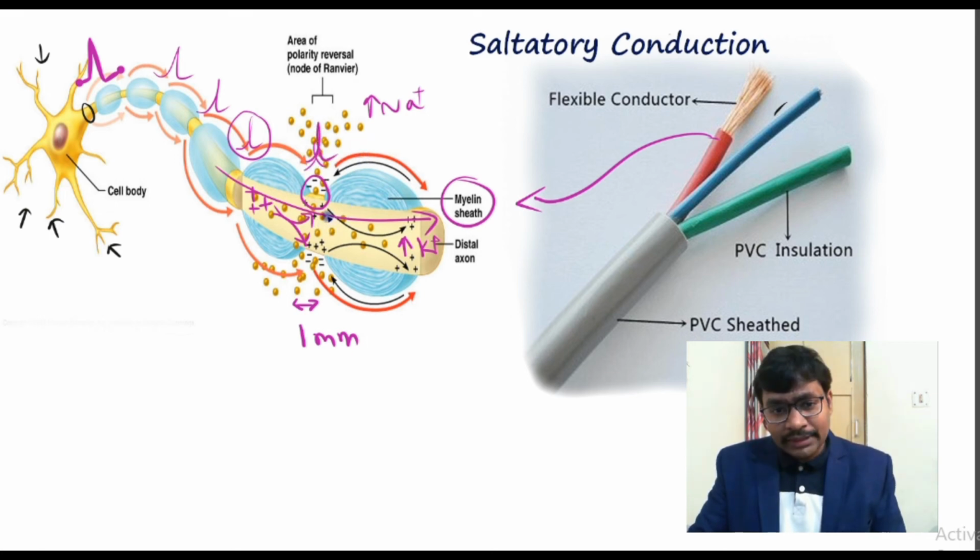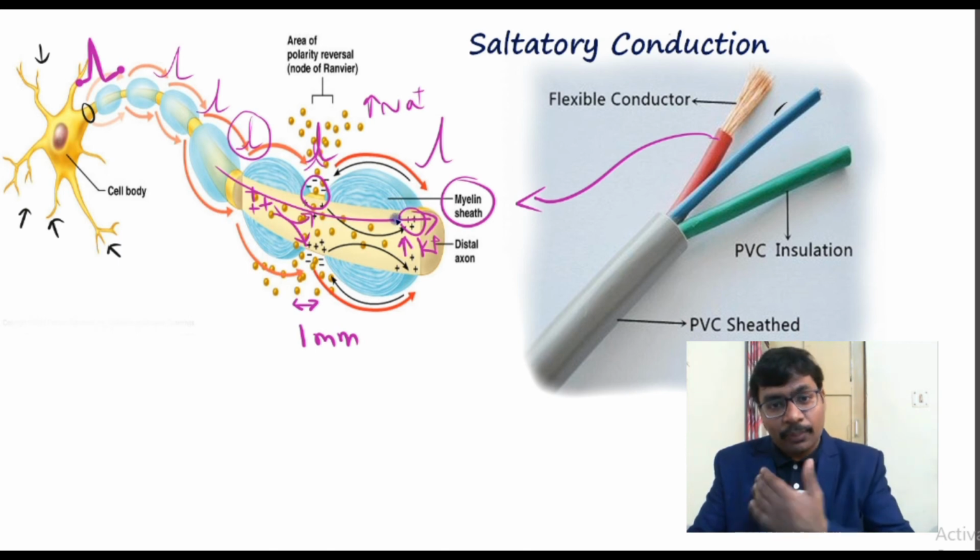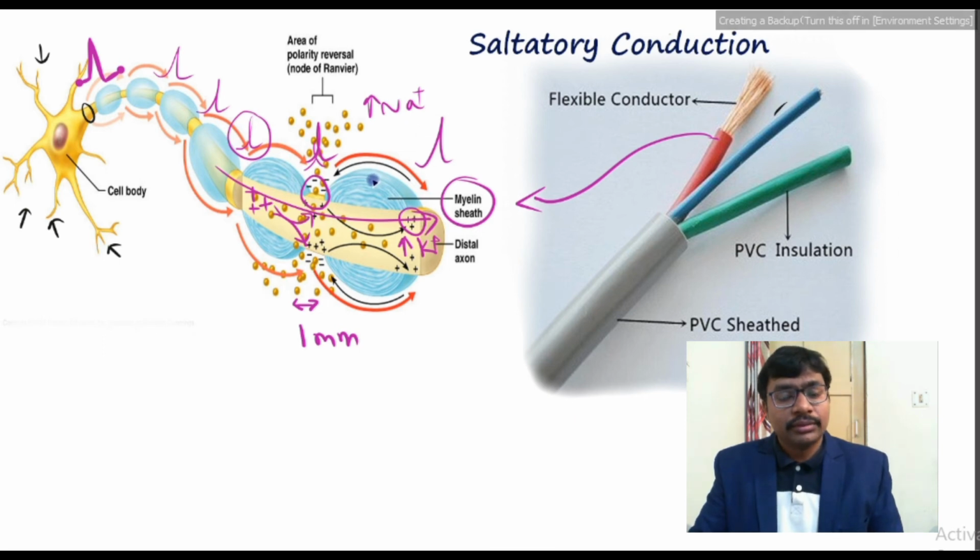Again, this positive potential propagates to the next node and creates positivity and an action potential again. So on, the action potential propagates across the axon from one end to the other. This is how the action potential propagates in a jumping manner. This is called saltatory conduction.